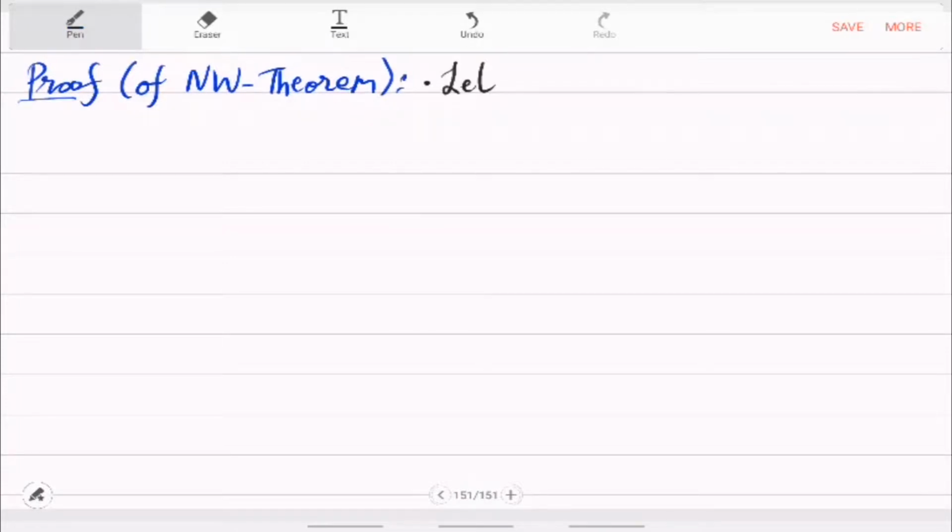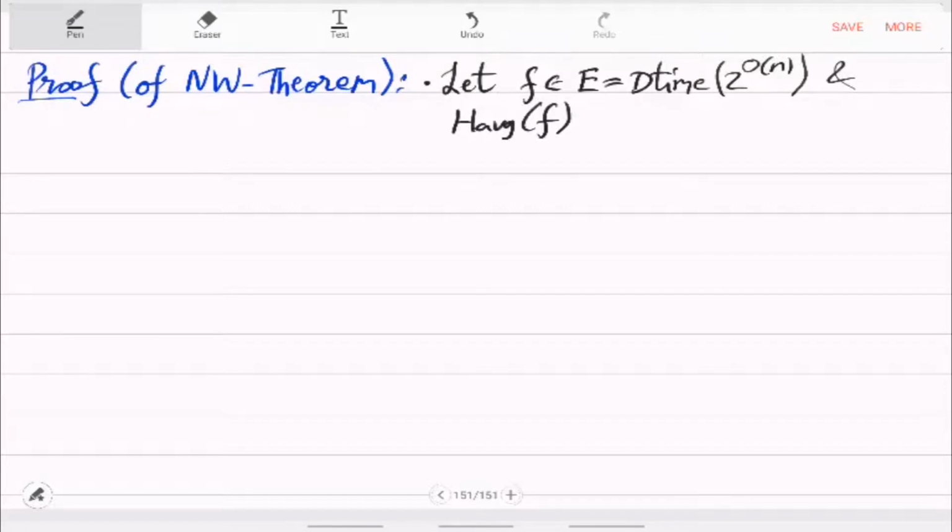So let f be in E, which recall is 2 raised to n time, and average case hard. Let us say the hardness is at least S of n function.